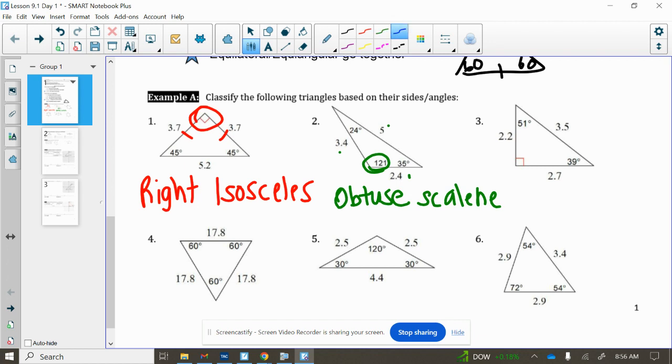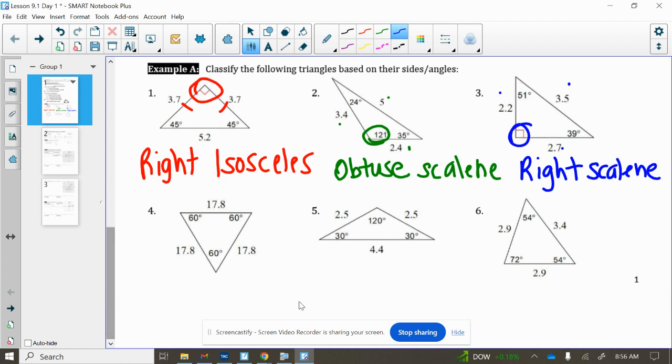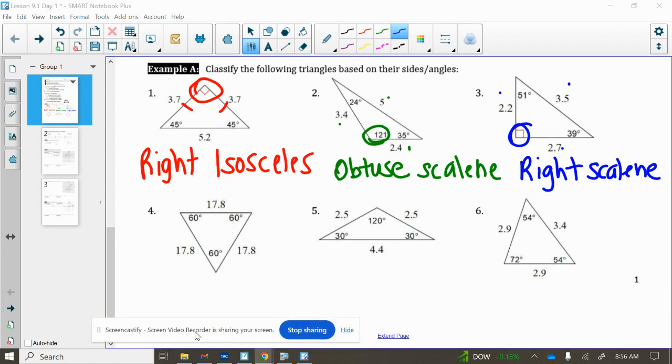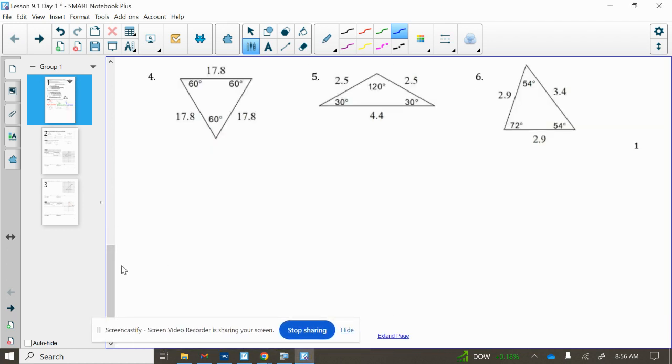Last one on this line, we have a right angle. So again, we know it's going to be right angle-wise. All three of our sides are not the same, so again this is a scalene triangle. Down at the bottom, our next three examples.